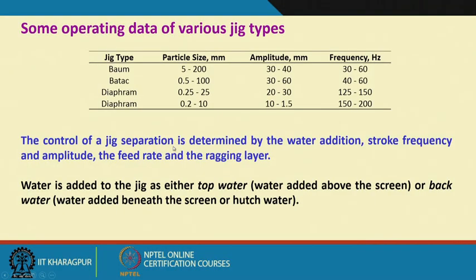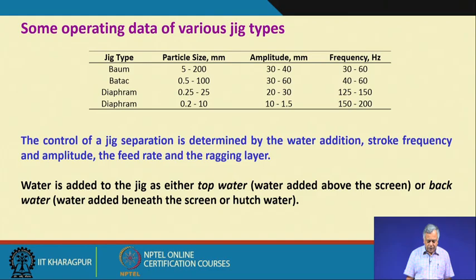The control of a jig separation is determined by the water addition, that is how much water you add when you have an overflow weir. Ideally the lighter particles should pass through a particular weir, but if I have a horizontal current of water, you want to promote that horizontal current.